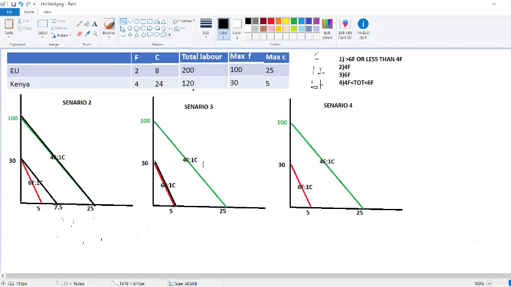So the EU is going to produce entirely carbon, the maximum amount of carbon, because of the profitability in carbon, because of the price going up from 4 food per 1 carbon under autarky to a world price of 6 food. What does that mean in terms of a line?